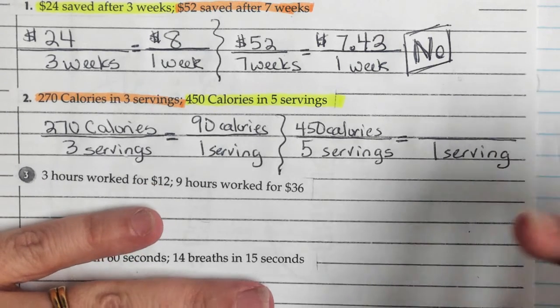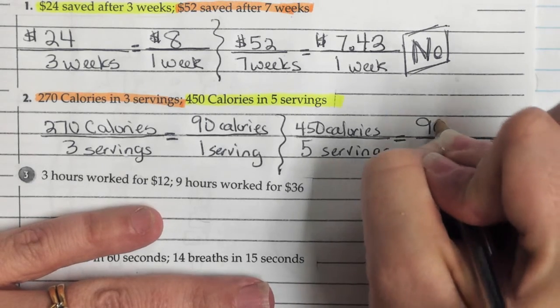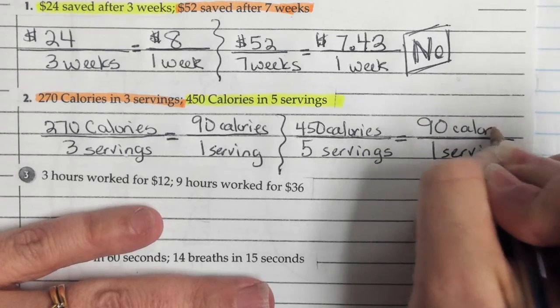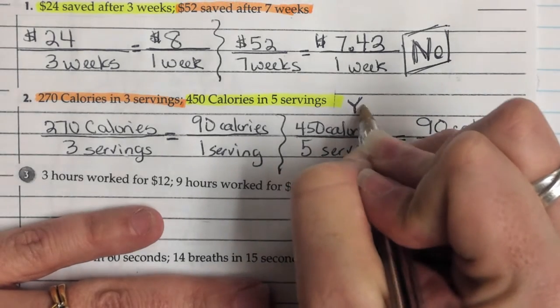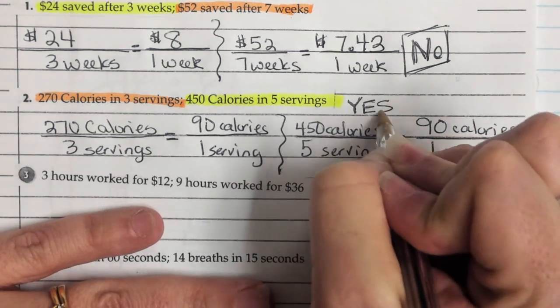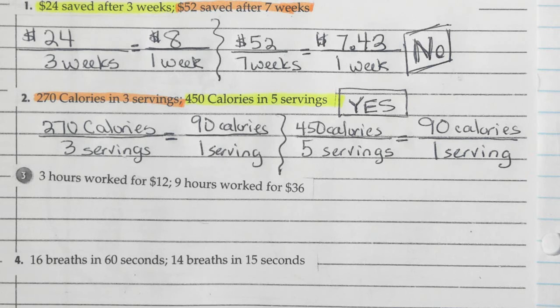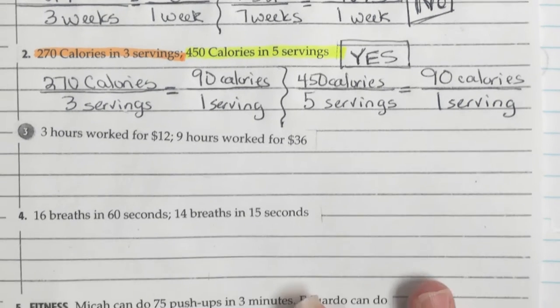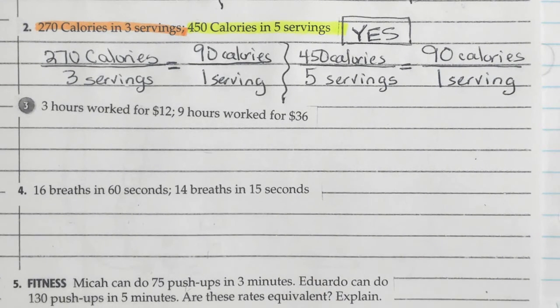It's 90, because 9 times 5 is 45. It's okay. 90 calories. So are they equal? Yes. This one is a yes, because it's 90 calories per serving. And that's all we're doing. Like, you're just looking. Are they equal or not? It's kind of like a lot of work for a little yes or no.